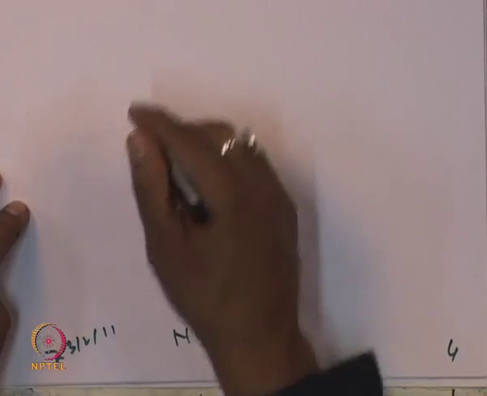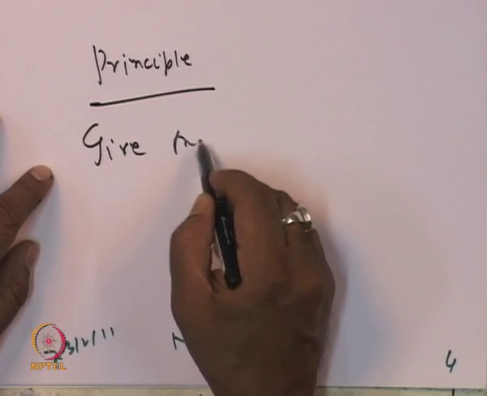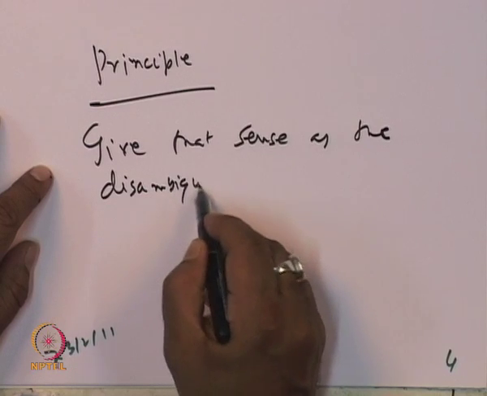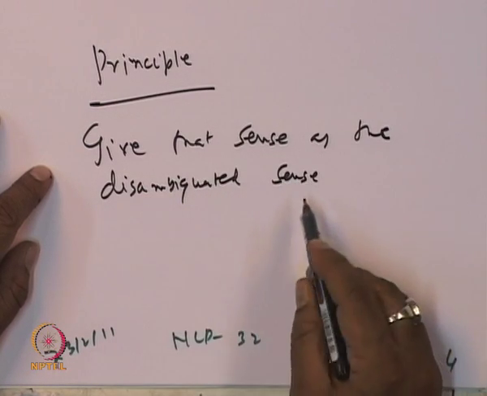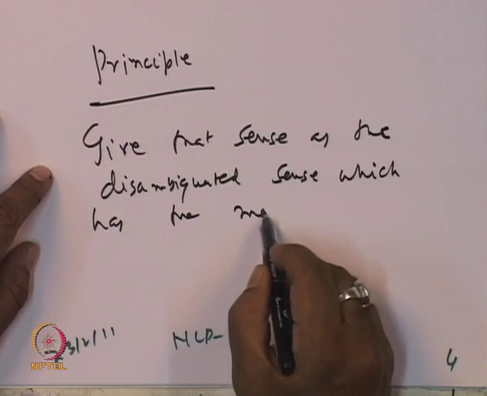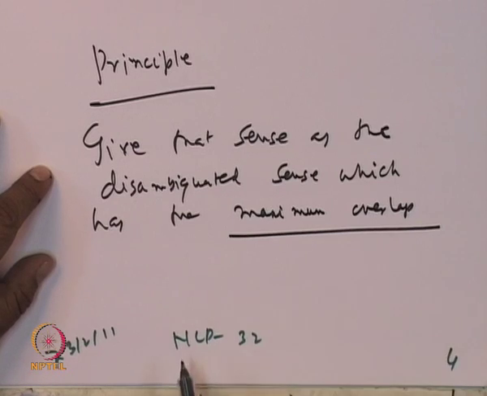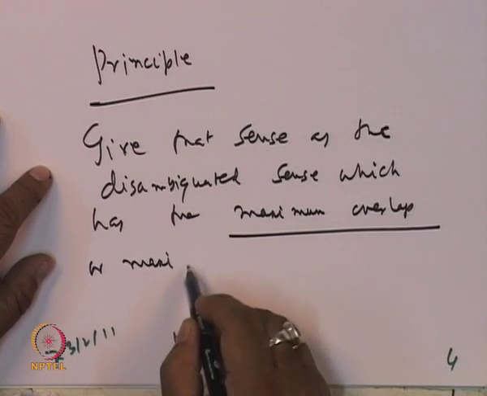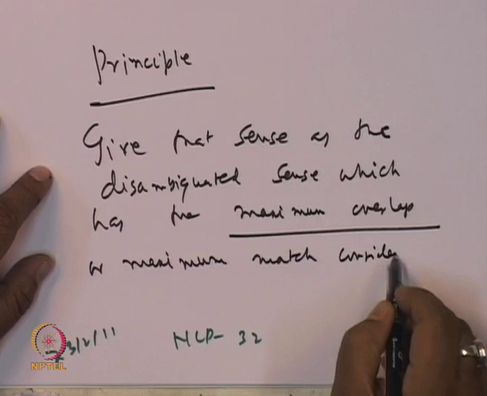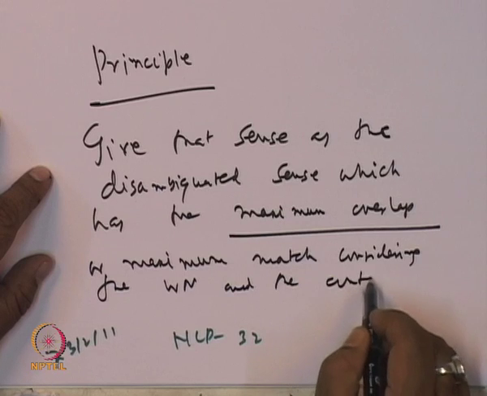So, this leads us to the following principle: give that sense as the disambiguated sense which has the maximum overlap or maximum match considering the WordNet and the context.